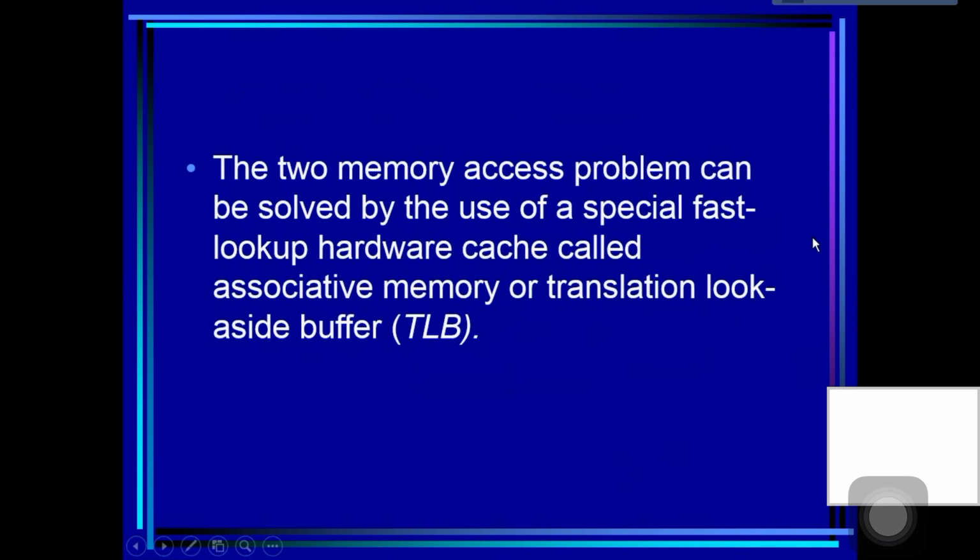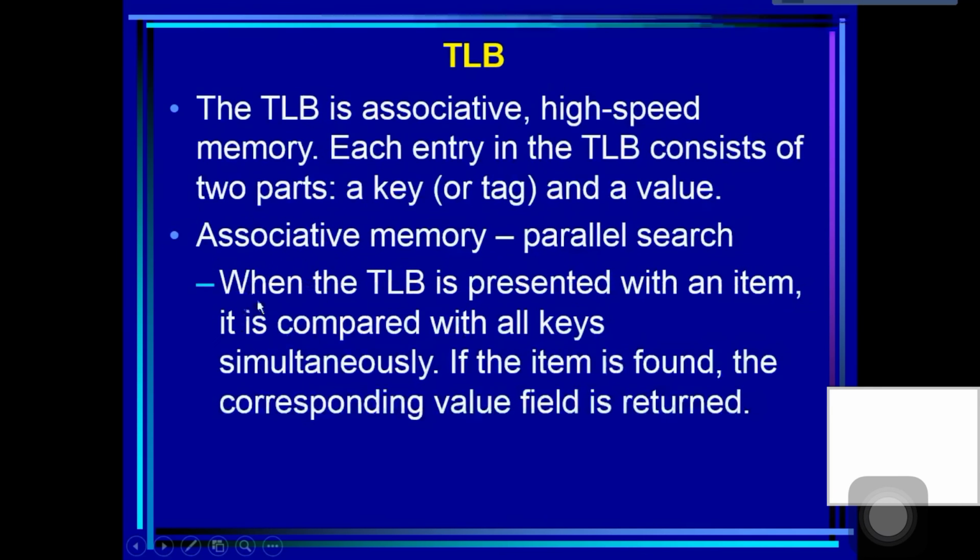The two memory access problem can be solved by the use of a special fast lookup hardware cache called associative memory or translation look-aside buffer. The TLB is associative high-speed memory. Each entry in the TLB consists of two parts, a key and a value.